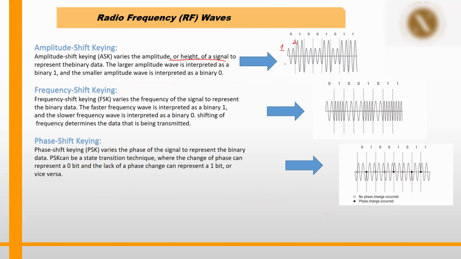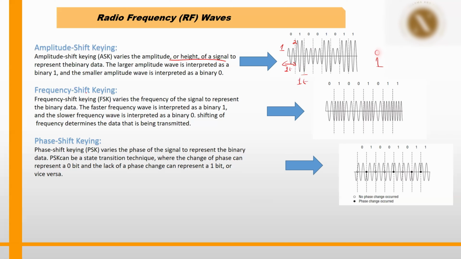It is sent for some amount of time, say a period of 1T. When the receiver receives a signal for this particular time at this amplitude, that is considered zero, and this part is considered one because it has an amplitude of two and is sent for time 1T. So this is amplitude shift keying.